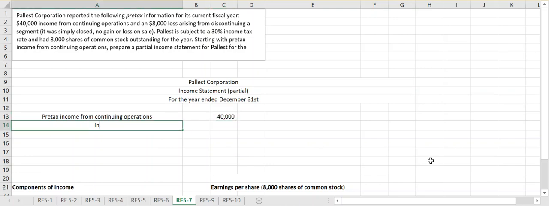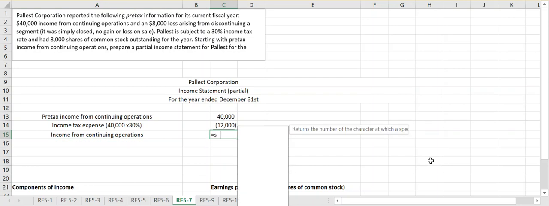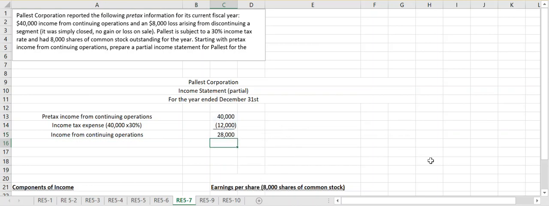We're going to tax that, so we have our income tax expense, and we're going to do our $40,000, which is our pre-tax income, times that 30% tax bracket that we have. So we have $12,000 in taxes that we'd have to pay based on our income from that continuing operations that we have. So our income from continuing operations, we sum the two to get $28,000.